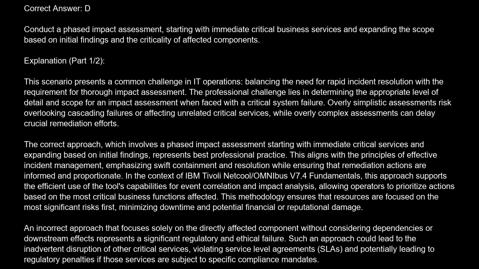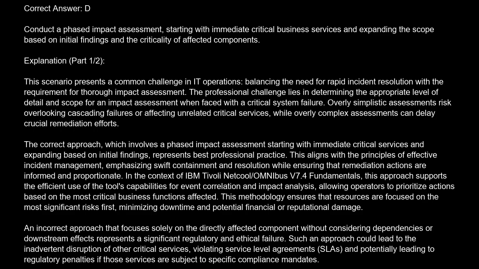This aligns with the principles of effective incident management, emphasizing swift containment and resolution, while ensuring that remediation actions are informed and proportionate. In the context of IBM Tivoli Netcool/OMNIbus v7.4 fundamentals, this approach supports the efficient use of the tool's capabilities for event correlation and impact analysis, allowing operators to prioritize actions based on the most critical business functions affected.